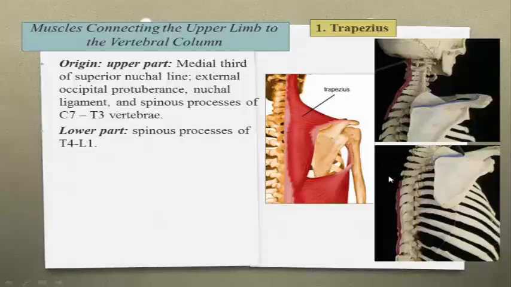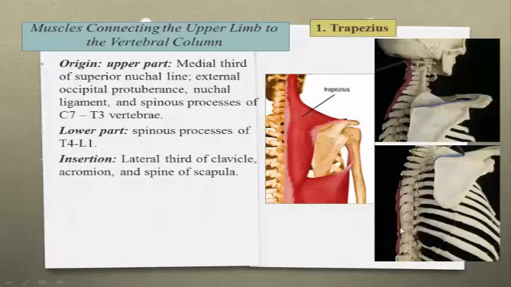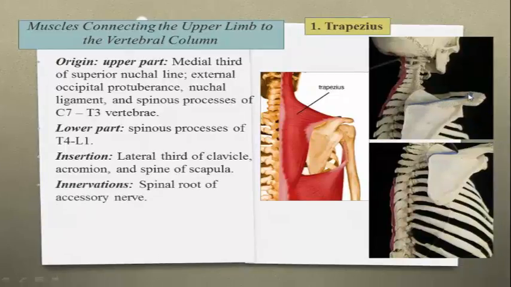The lower part is a continuation of the upper one, and it arises from the spinous processes of T4 till L1. All fibers converge on the spine of the scapula and insert along the upper edge of it, around the acromion, and even along the lateral third of the clavicle here.